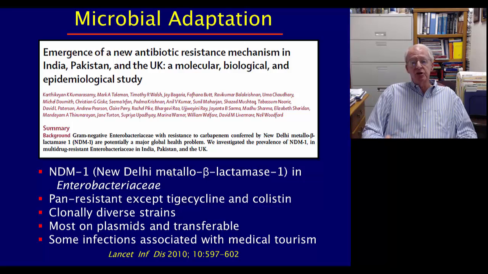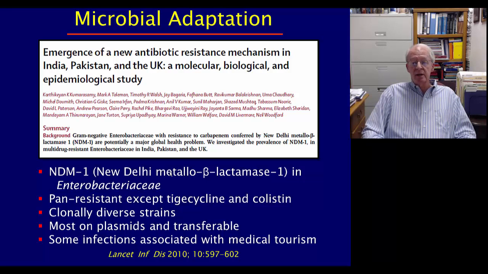Microbial adaptation and change and its relationship to drug resistance. A relatively recent, fairly dramatic example of the emergence and spread of multiply drug-resistant organisms is provided by the experience with NDM1, or New Delhi metallo-beta-lactamase 1, in Enterobacteriaceae. This gene confers pan-resistance to most currently available antibiotics.